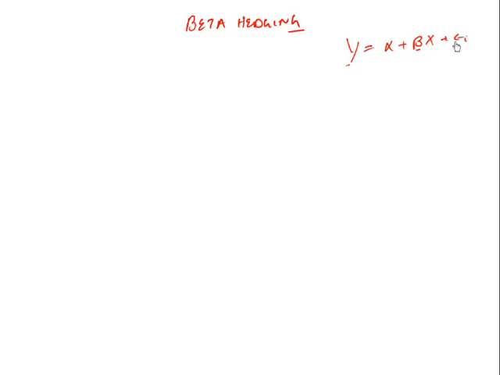That is, if x went up or down by 1 unit, dollar, percentage, whatever the unit of x may be, y went up or down by beta units in whatever the units of y are. So beta measures the sensitivity of the dependent variable to the independent variable.